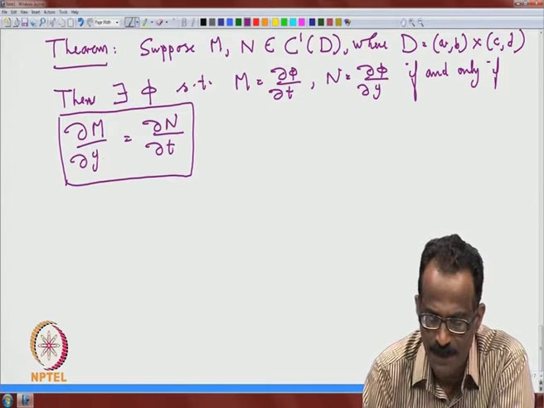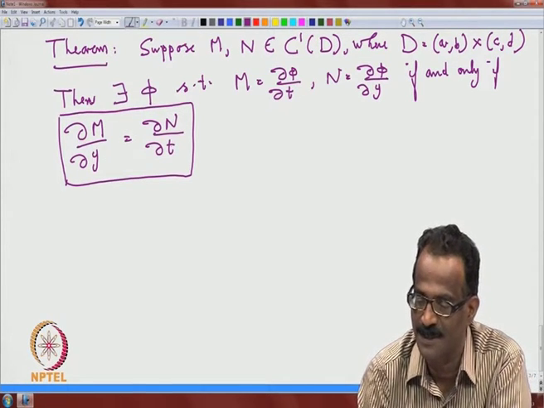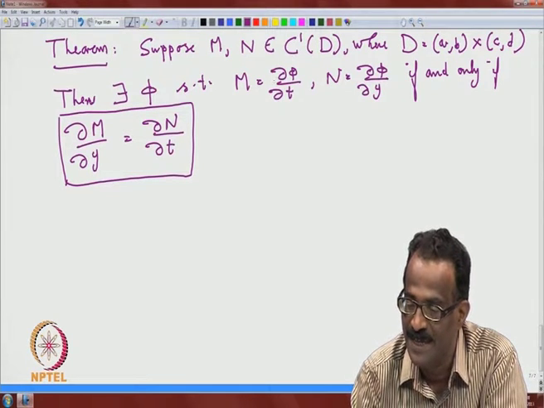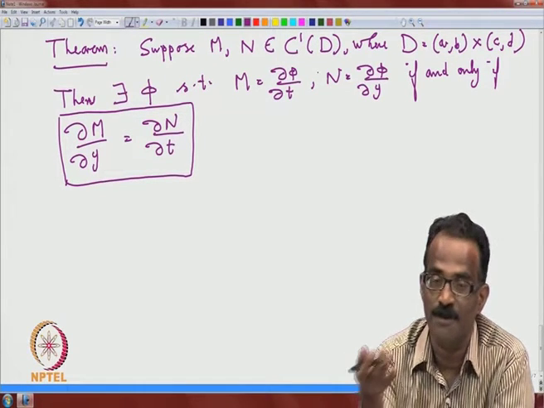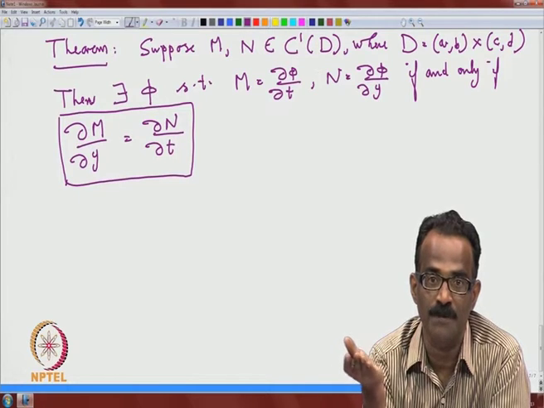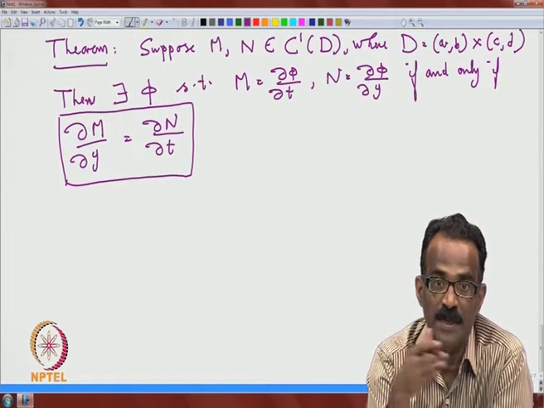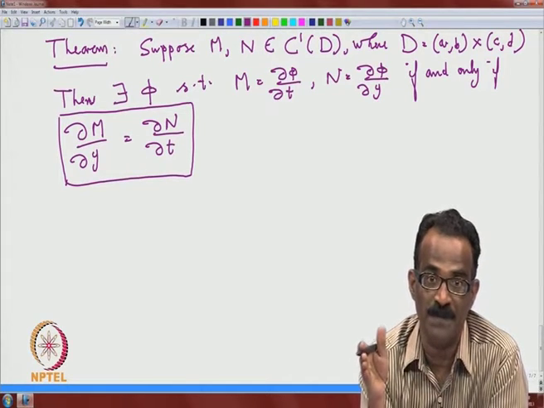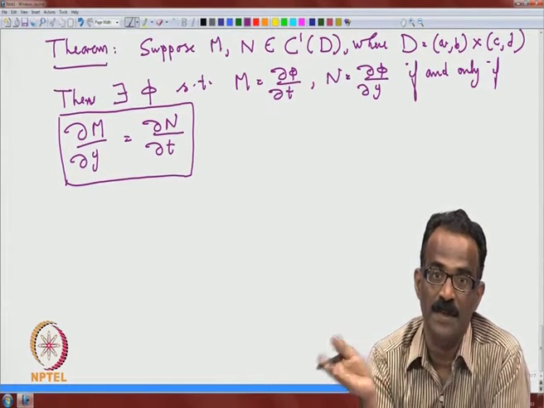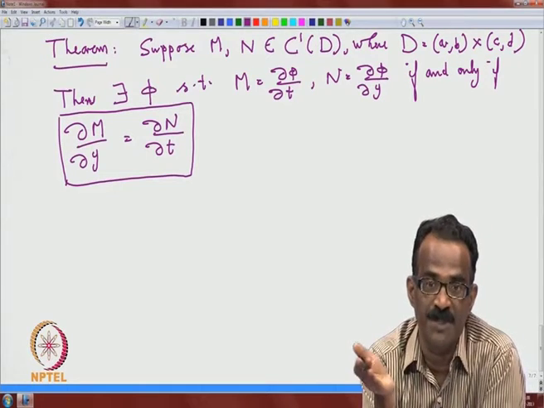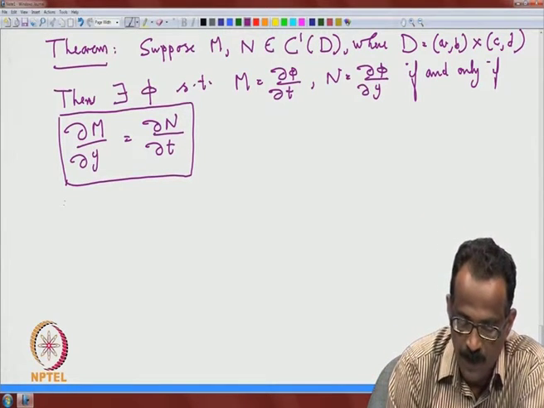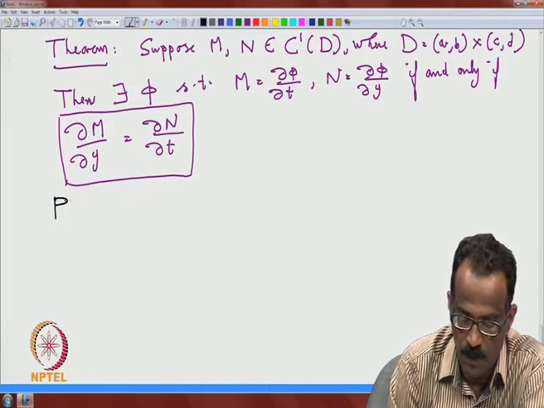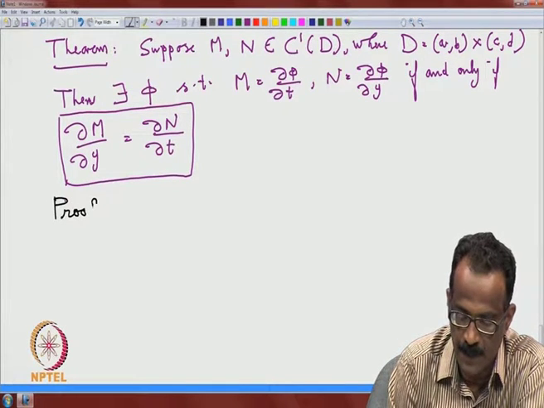One way is trivial, because dM by dy equal to dN by dt is equal to saying that d square phi by dy dt equals d square phi by dt dy, an interchange of differentiation, which is true. So, you immediately get one part of it, and proving the other part is also not difficult. We will give a proof of it, because it is easy.